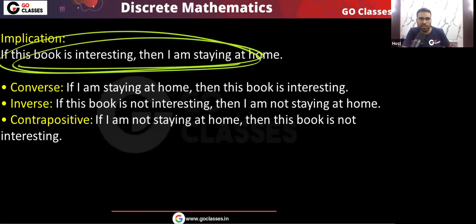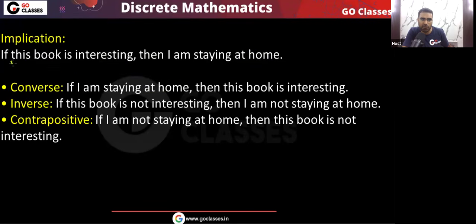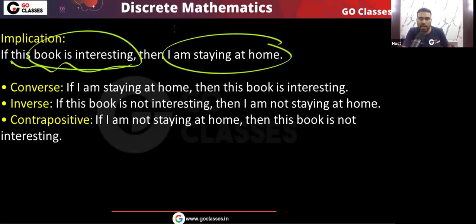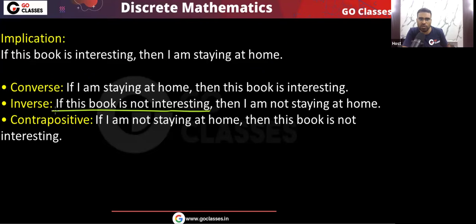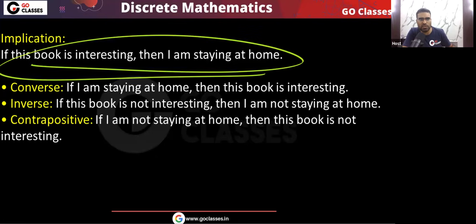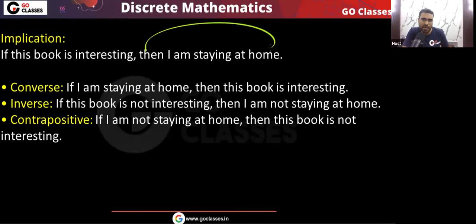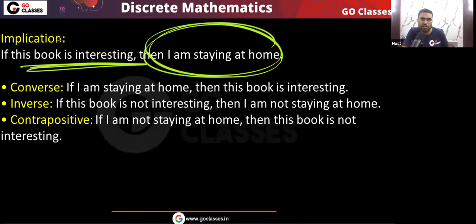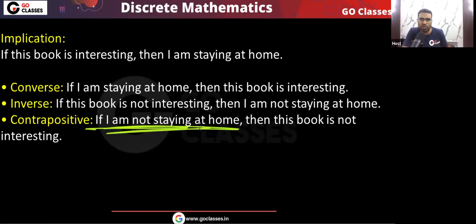What is the inverse of this conditional statement? If this book is not interesting, then I am not staying at home. And what is the contrapositive? If I am not staying at home, then this book is not interesting. So very simple definitions.